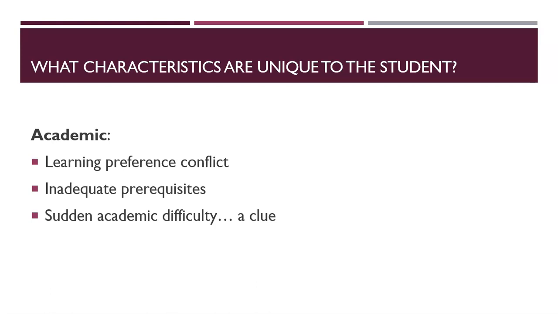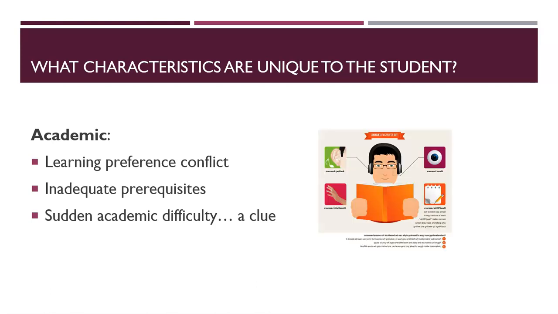Are there inadequate prerequisites for the student to engage in the task at hand? There could be academic frustration that acts as an individual variable. But sudden academic difficulty is a clue that there is a need for assessing the behavioral components of the interfering behavior.